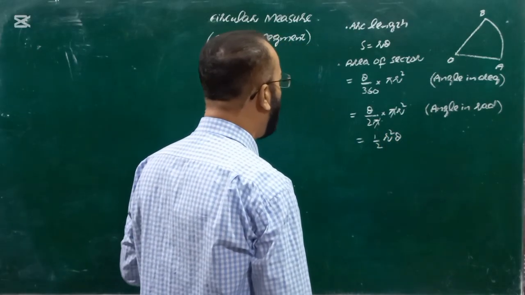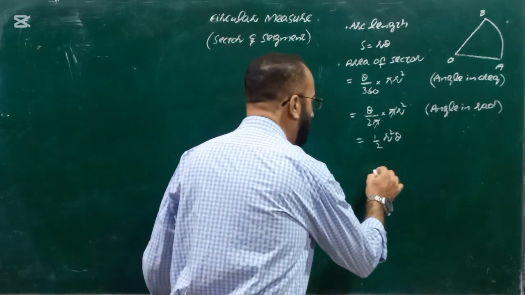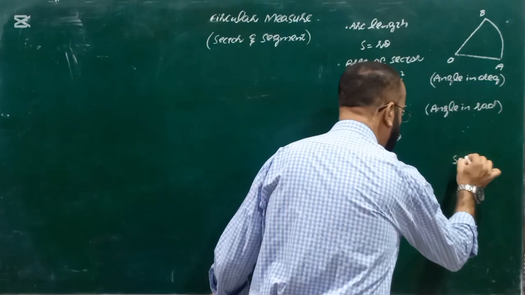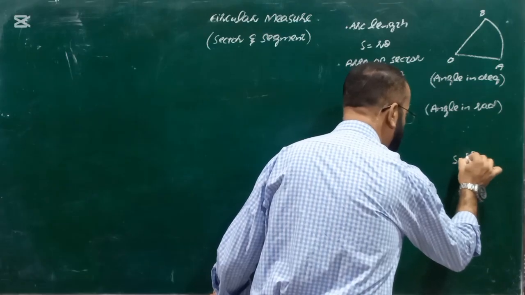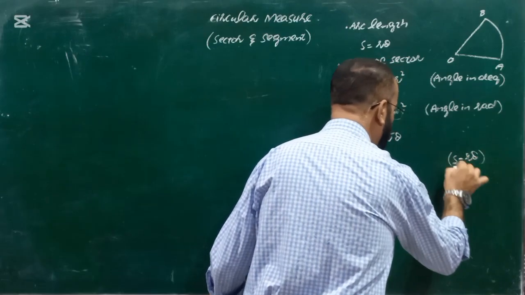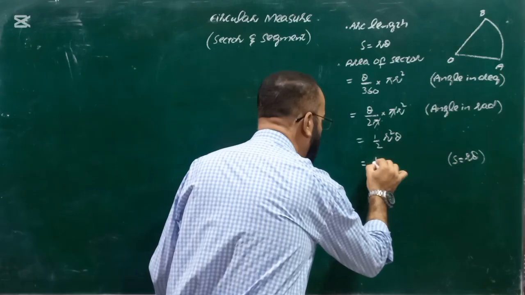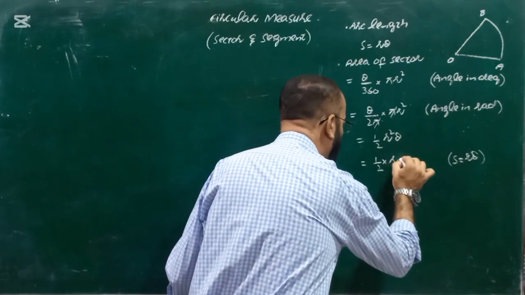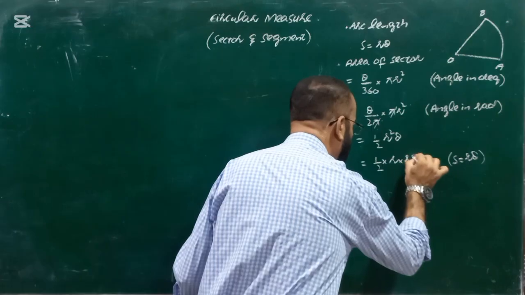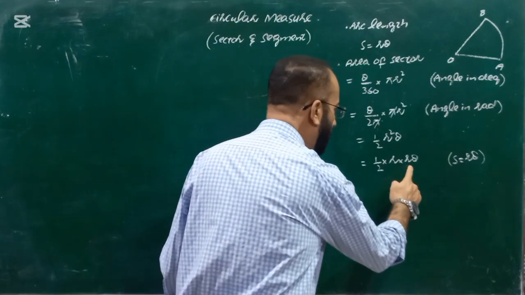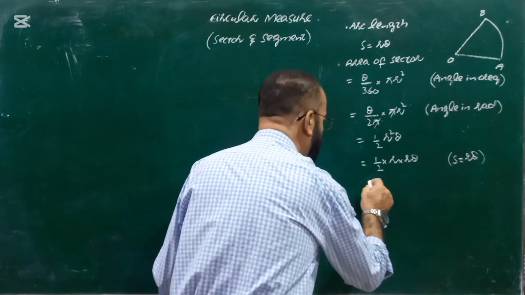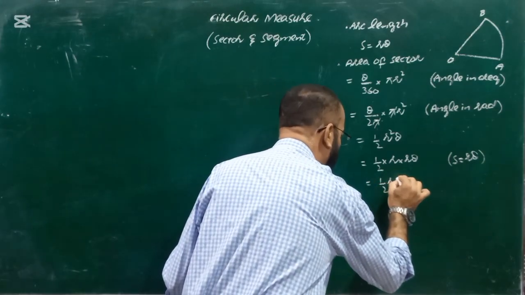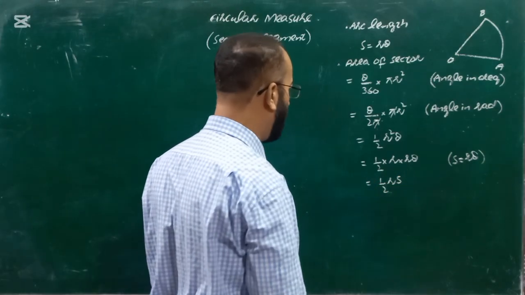Okay. At the same time, we know that S is equal to r theta. So if we transform this formula, r theta is equal to S. So the formula will become 1 by 2 r s.